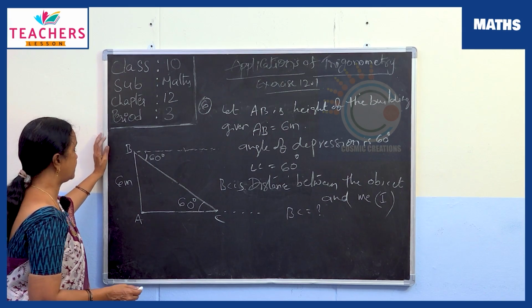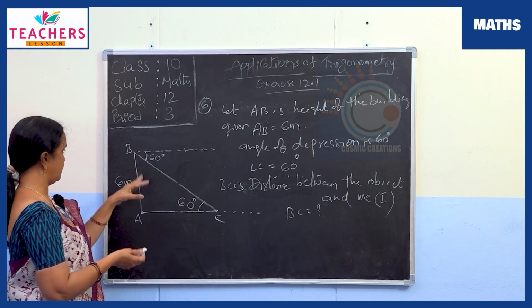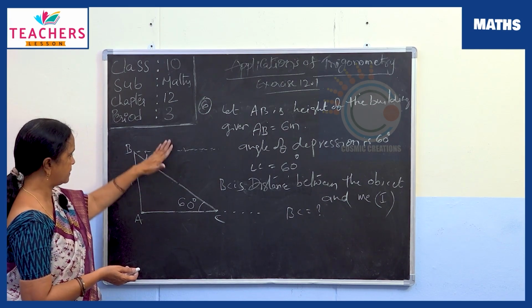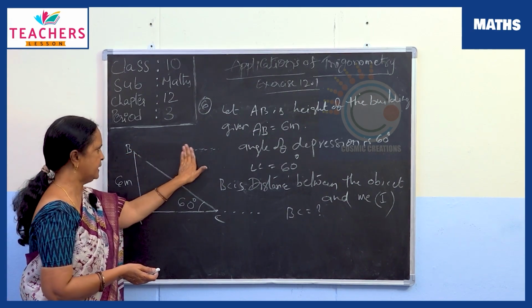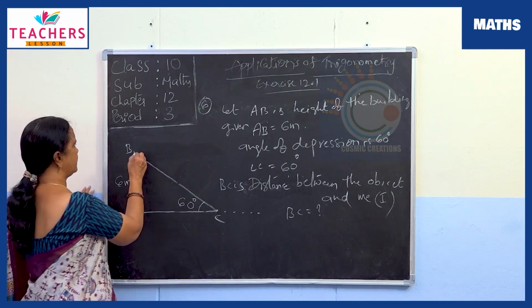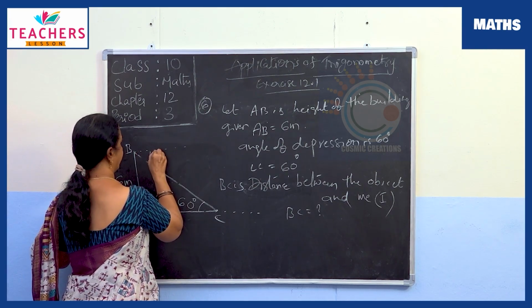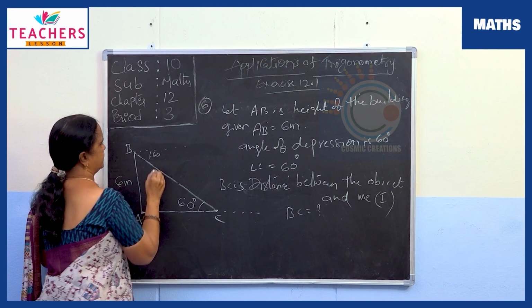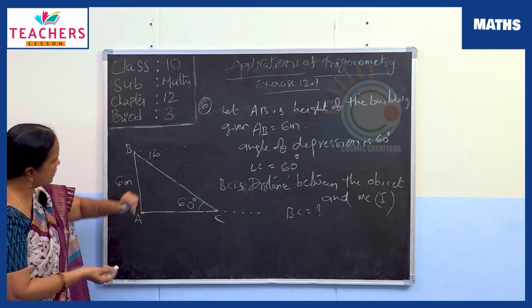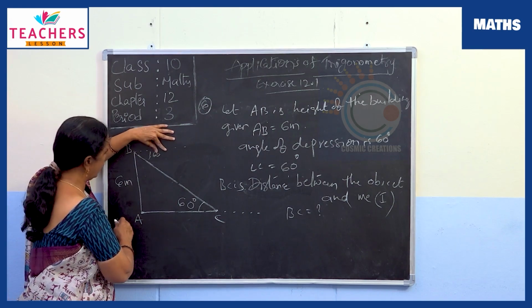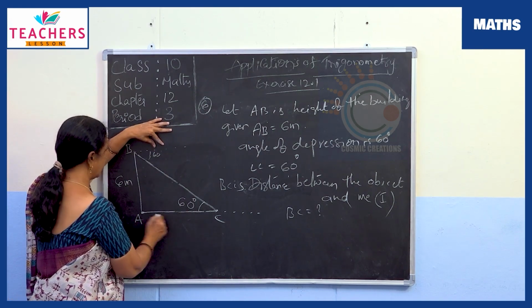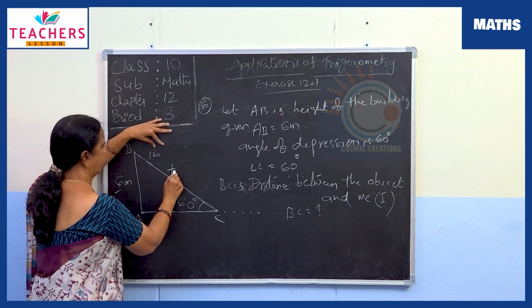What is the relation between AB and BC? You should not erase when you write, but I am erasing now. I make 60 like that. Just this figure, this diagram, is enough for you. This is the hypotenuse.